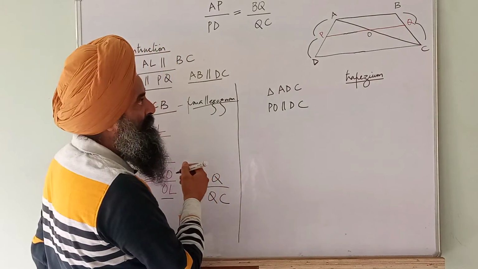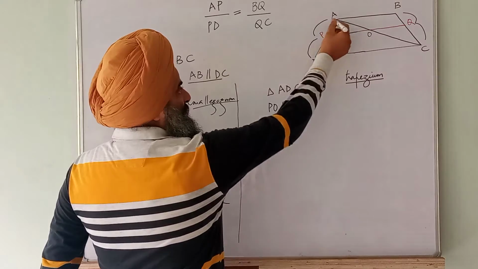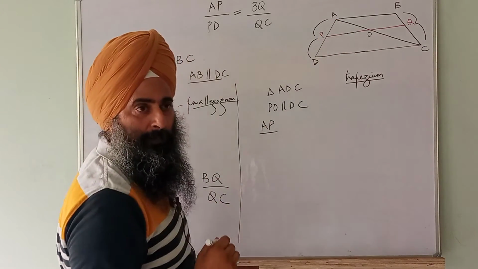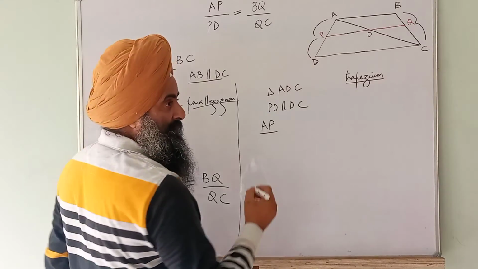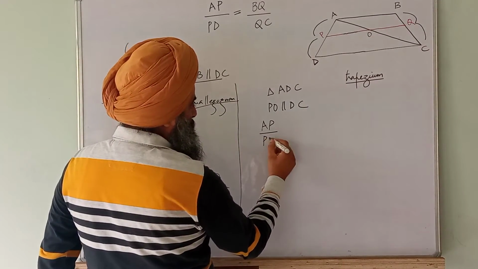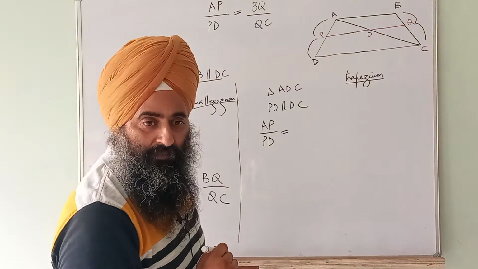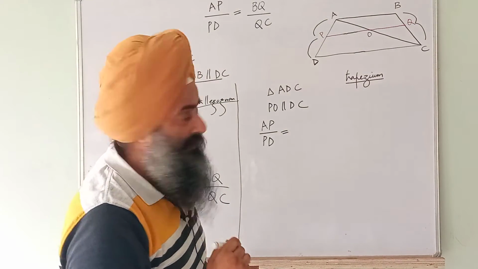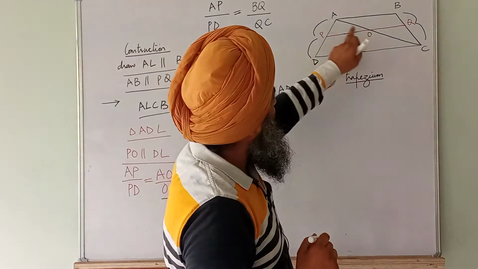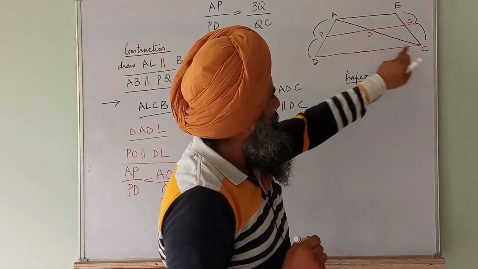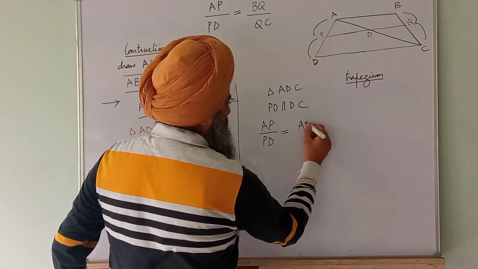We can say AP by PD is equal to AO by OC. Correct.